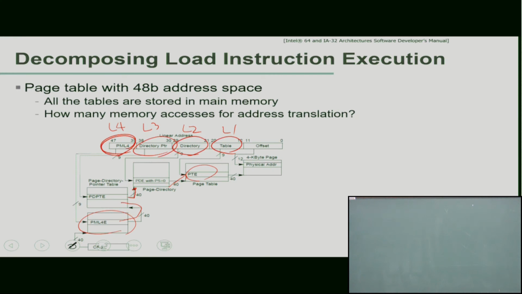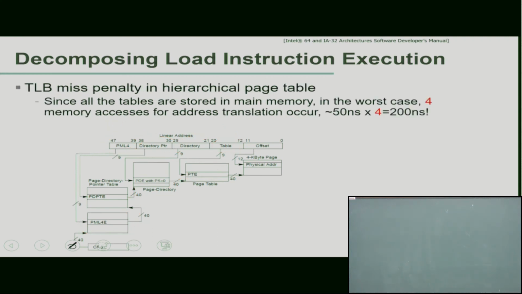Okay, so that means if you have a TLB miss, or if you need to do a page table walk, you need to access 4 different places like this. You need to access 4 different places whenever you need to retrieve this PTE. You first access this page map level 4 table, and then you access the page directory pointer table, level 3, and then you access level 2.